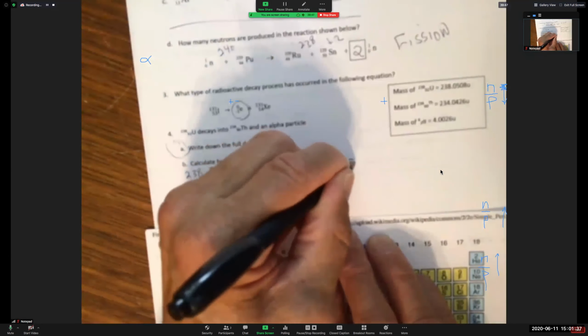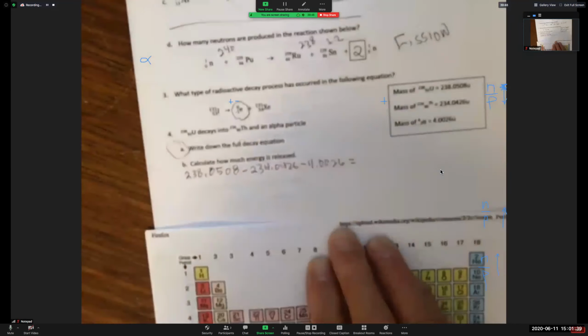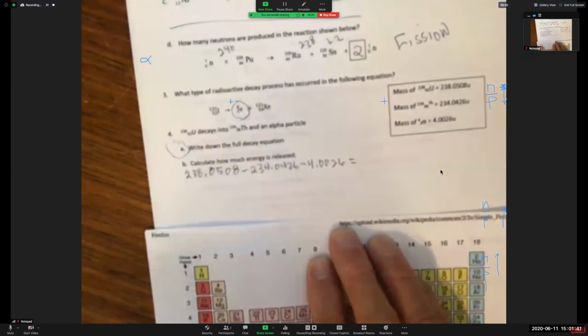And if we do all that, we get our answer.